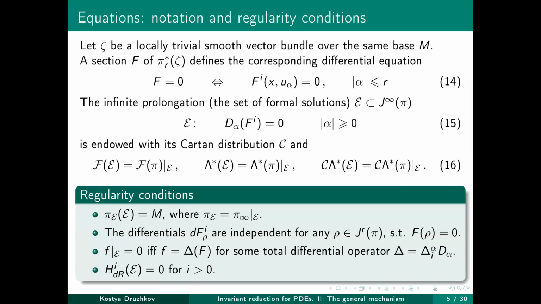Besides, I require that the differentials of these components in local coordinates are independent for any point rho such that at this point f is 0. So f equals 0 describes the surface, and I simply want to know that the section f itself is regular, and that the equation without infinite prolongation, the original equation, is just an embedded submanifold of the corresponding finite order jets.